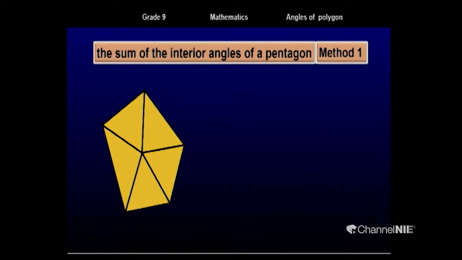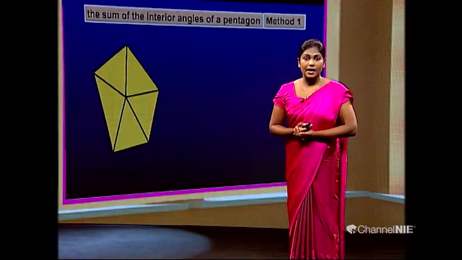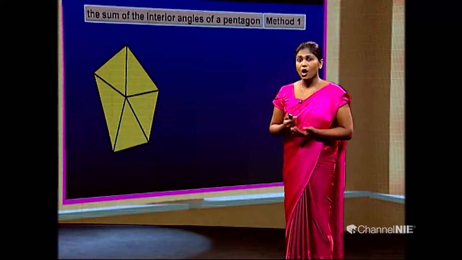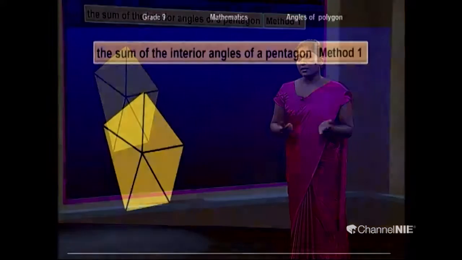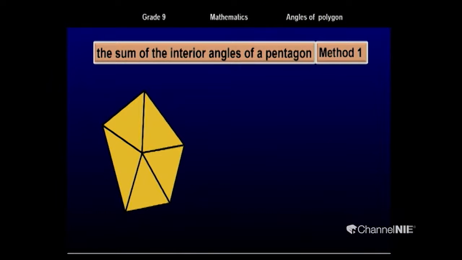Then there are many triangles. How many triangles are there? There are 5 triangles. Here the number of sides of the pentagon, 5, is equal to the number of triangles.